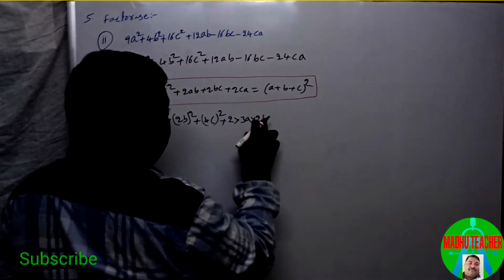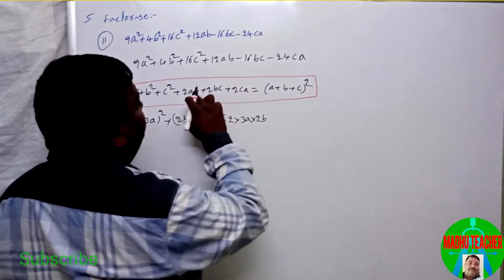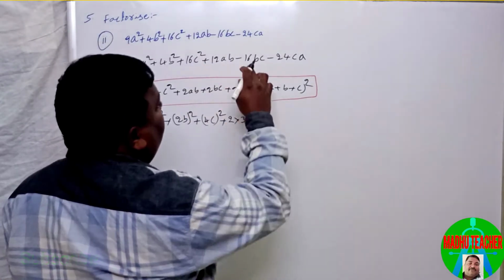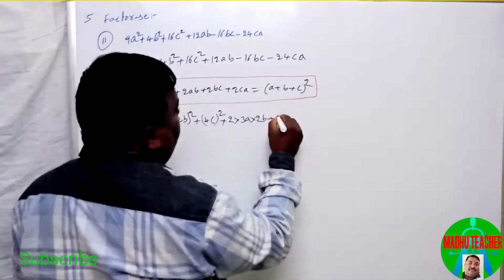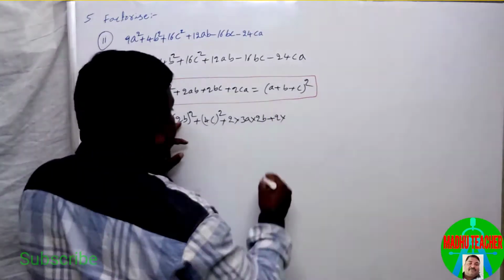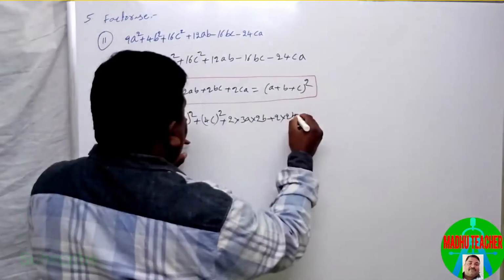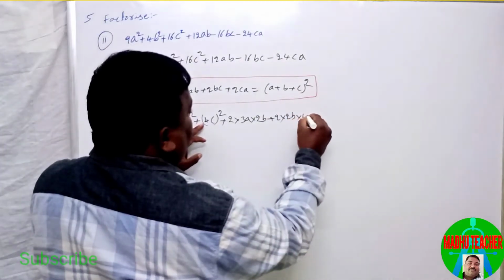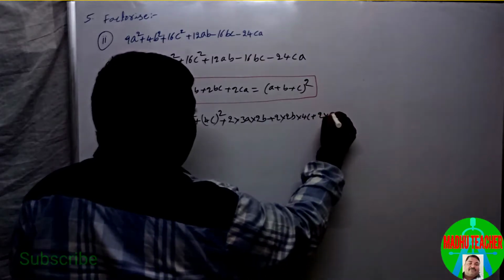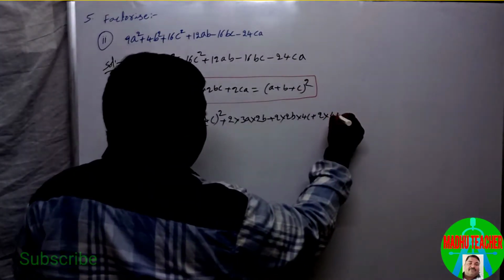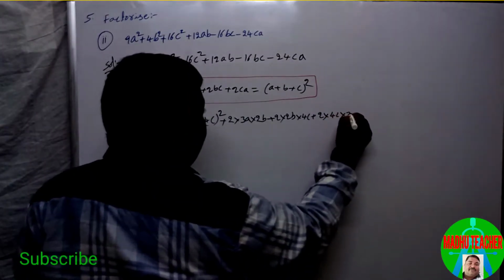So 2 3s are 6, 6 2s are 12ab. So this is 12ab, and the second one is 2bc, plus 2 into b is 2b into c is 4c, plus 2ca, 2 into c is 4c into a is 3a.